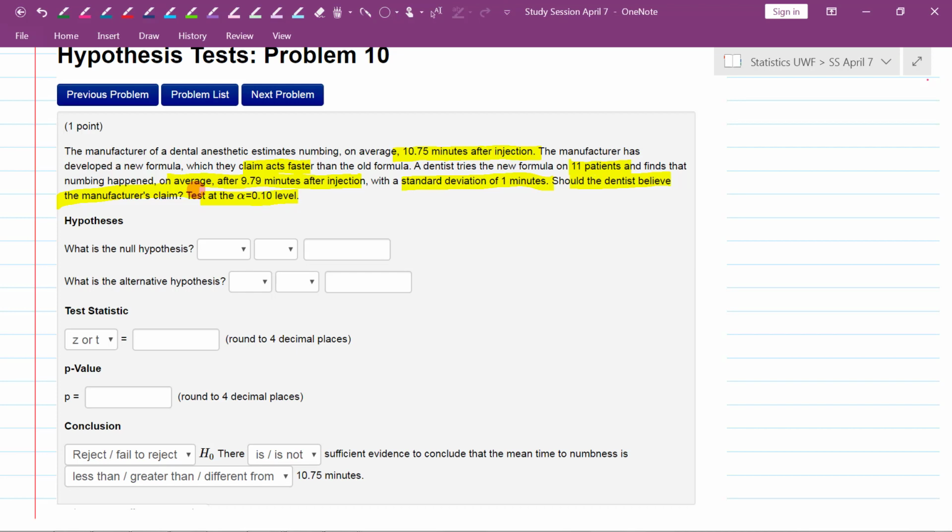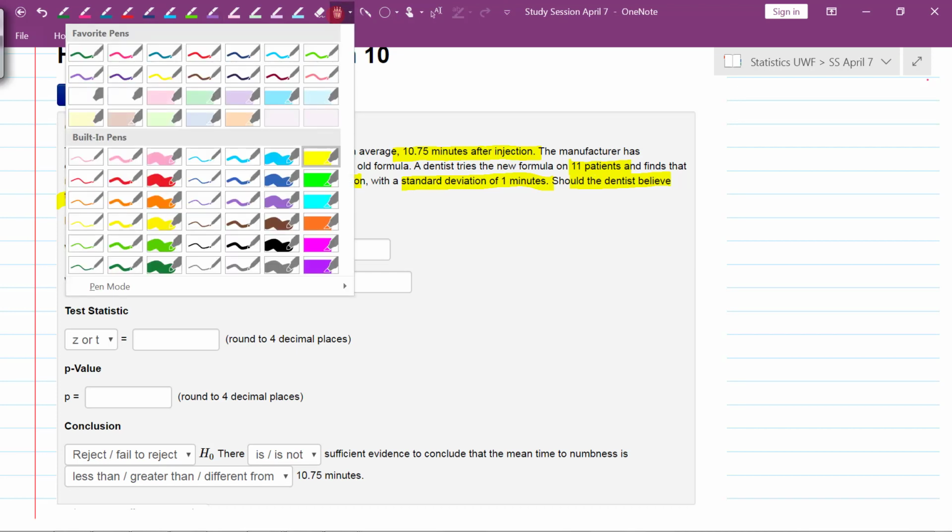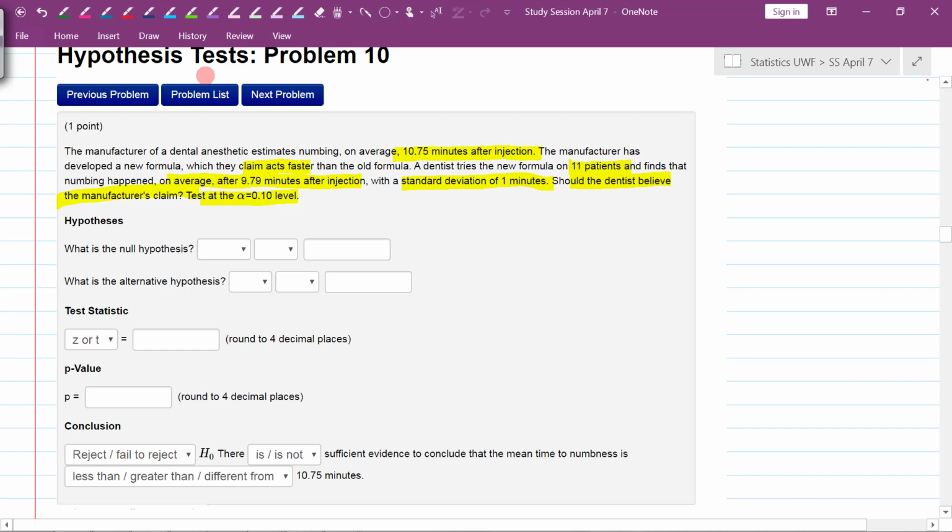Okay, so as I get busy on this problem, I'm just going to start writing down information. It says the manufacturer says on average 10.75 minutes. So we're going to be doing a mu. It's going to equal 10.75 minutes. The alternative hypothesis.